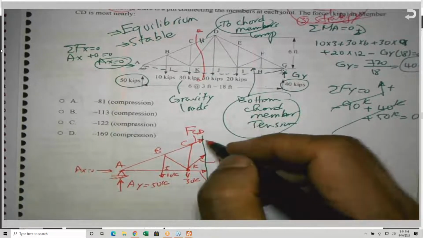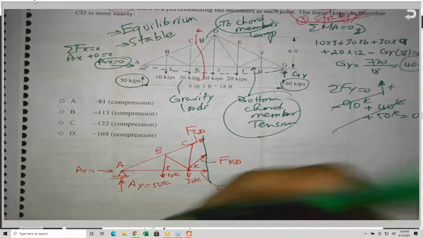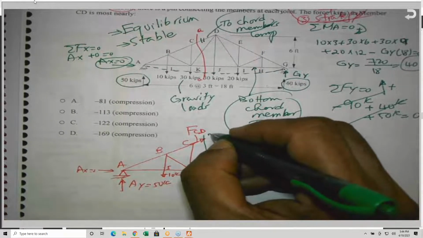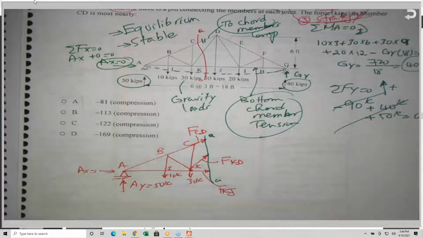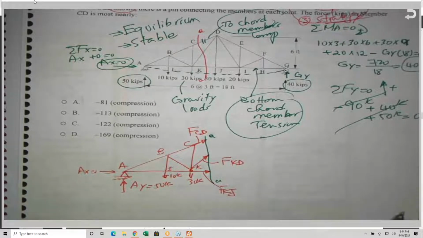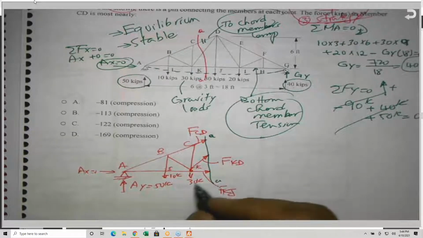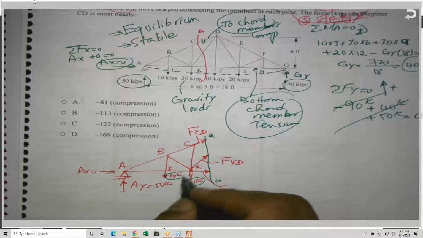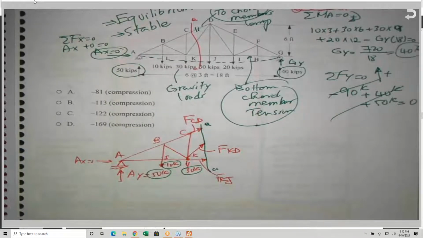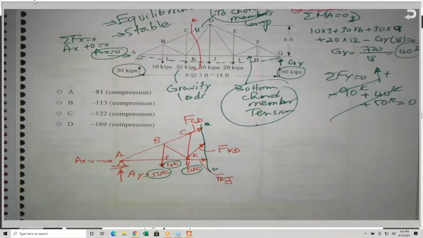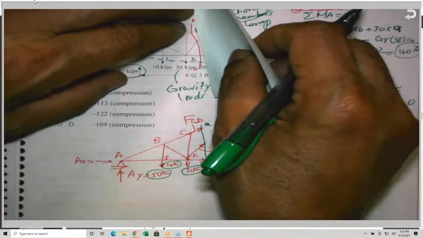Because the moment I have the section going through these members, all the internal forces will show up. And don't forget the external forces and reactions. So I took the left side of the truss as one piece.